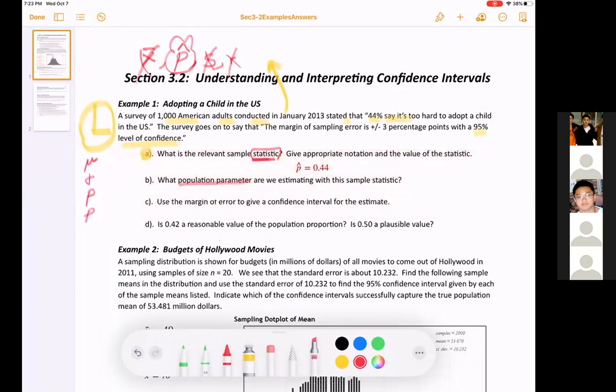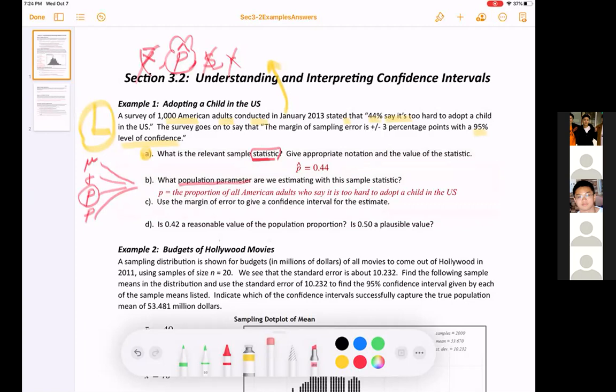So which one are we estimating here? P. P means proportion, put a P, very good. P, the proportion of all American adults that say it's wrong.